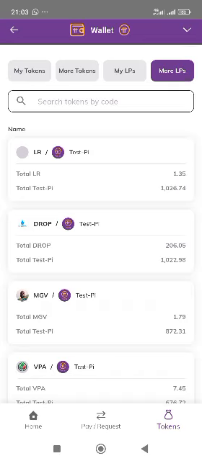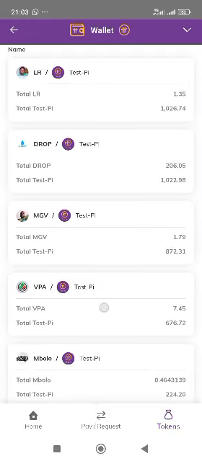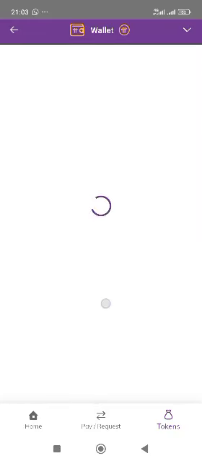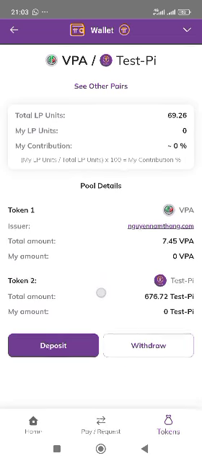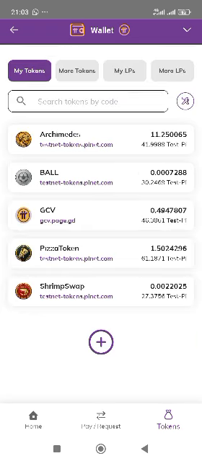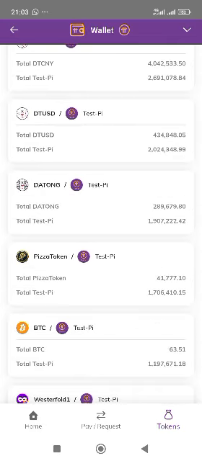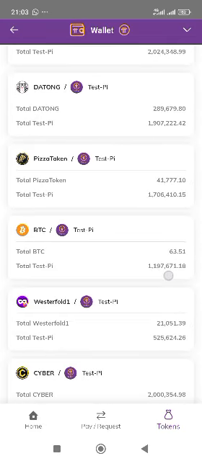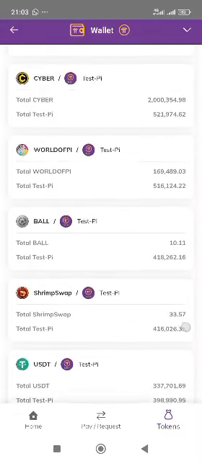What that means is that if I click any one, for example this one, before you can provide liquidity to any coin, you must have the 2 coins first. Do you understand? For these 2 coins, let me just go back. I want to select a coin that I don't have. For you to provide liquidity to any coin, you must have the coin. Let me check a coin that I don't have.